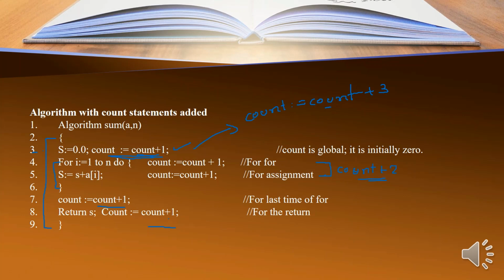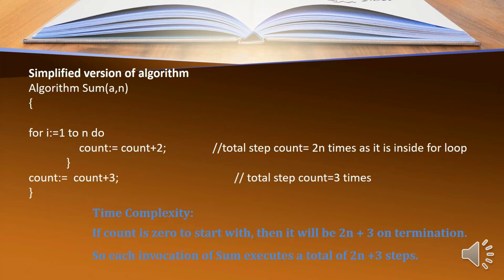So the number of times the statements inside get executed is twice, and outside the for loop it is count equal to count plus 3. That is the program steps, the number of times the executable statements get executed. Let's simplify that. Outside the loop count gets executed 3 times, so count equal to count plus 3. Inside the for loop, count equal to count plus 2.